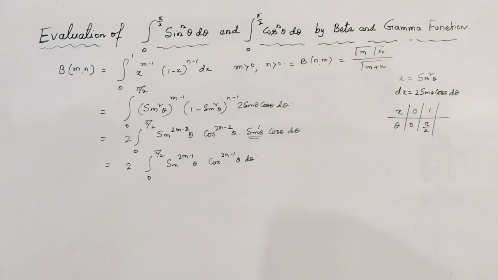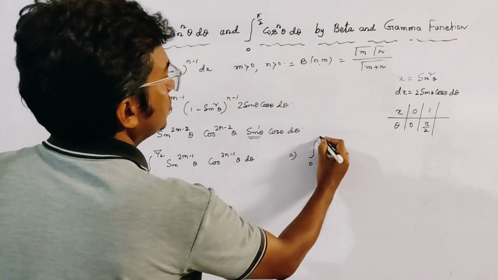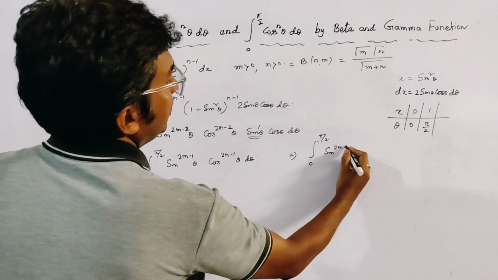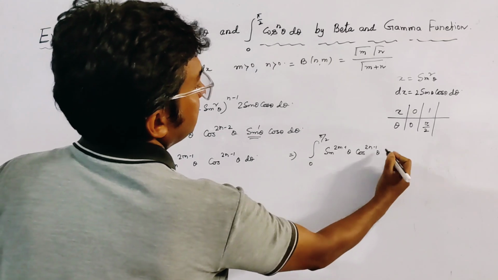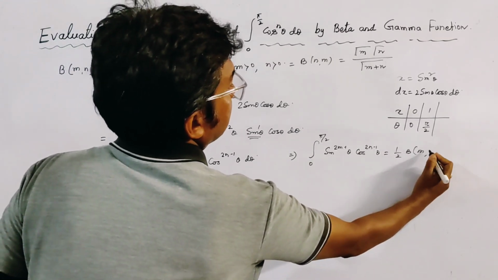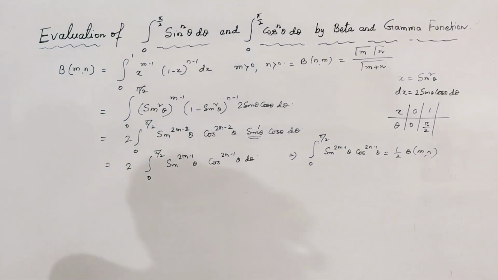So we get this integral, the integral from 0 to π/2 of sin^(2m-1) θ cos^(2n-1) θ dθ, equal to half times β(m,n). We get the result from the definition of the beta function.